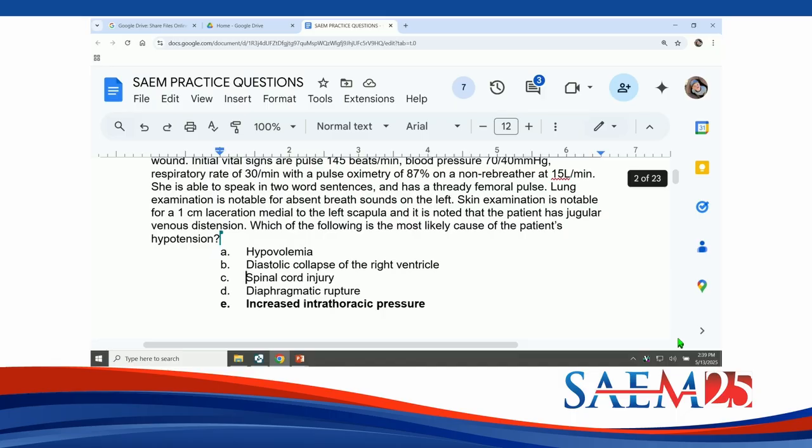Well, I think we have to be careful about how we write this, right? Because if you say decreased preload or something like that, then many of these answers are right. Well, and you have JVD, but it could still be tamponade.